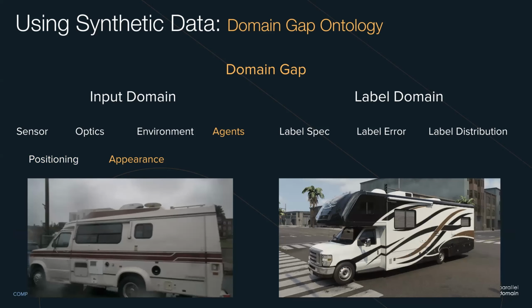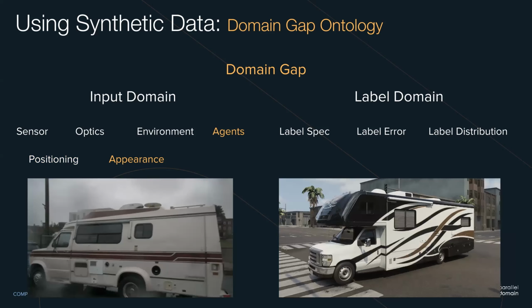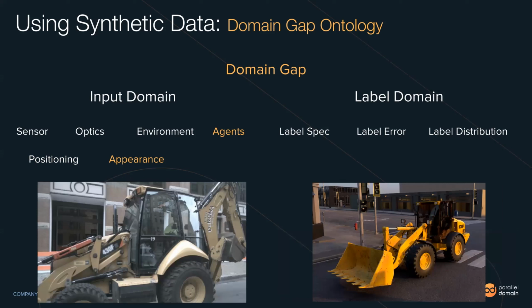Some of them might look more similar, like this boom lift, and you might have something like this caravan, which on the geometry side looks actually way different. Similar would be this, I always forget the English word for this, this construction vehicle, let's just call it that. Depending on how closely you can match this, it also affects your model performance, reduces the domain gap and makes your models generalize better to unseen data.